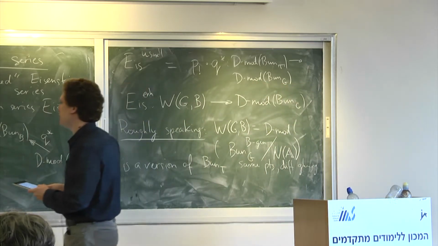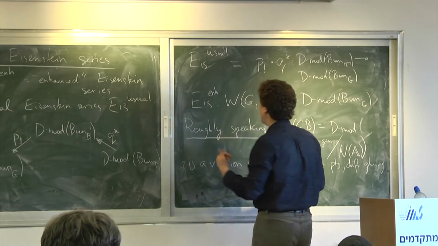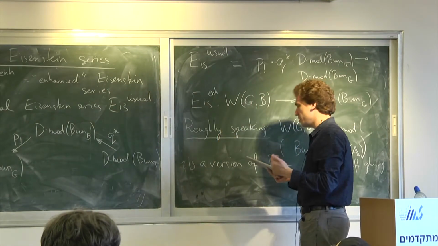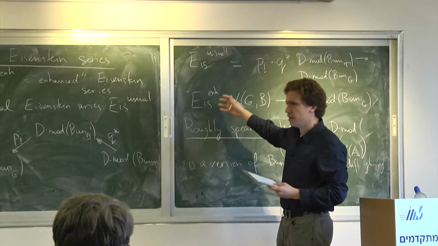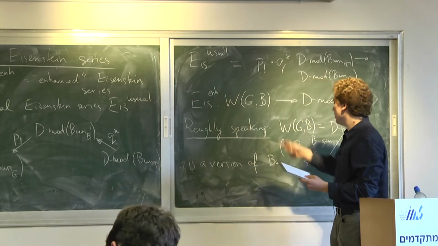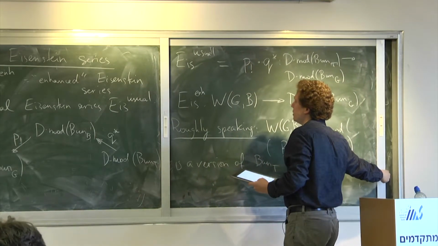Now, a precise statement, for example: one of those functors factors through the other. So the usual Eisenstein series can be obtained as a composition of something with the enhanced Eisenstein series.